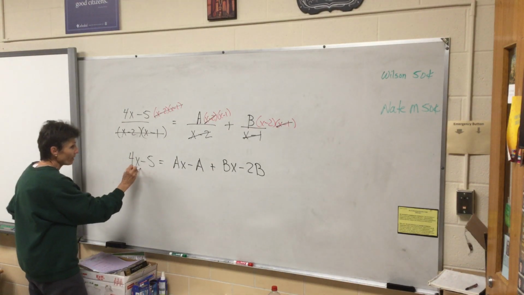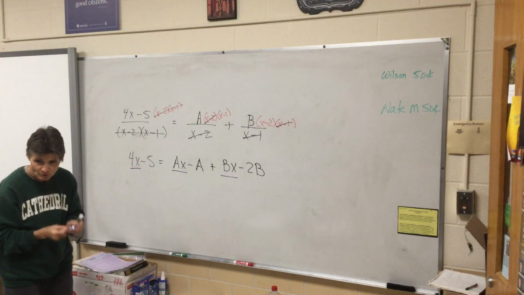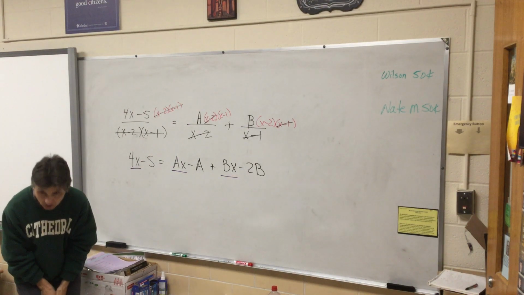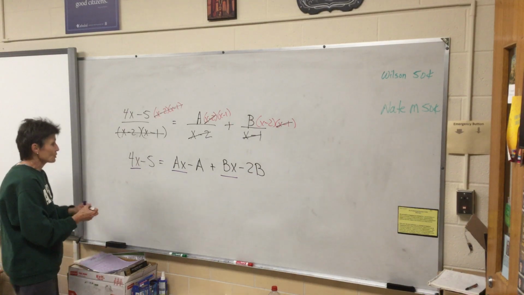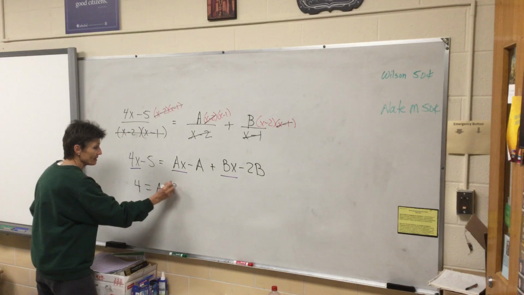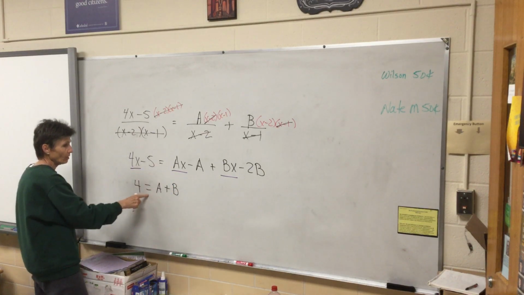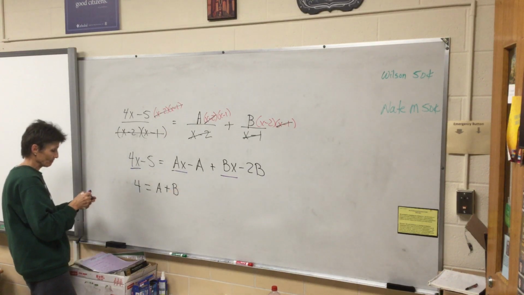Now, 4x, ax, and bx are like terms. Would everyone agree with that? They're like terms. So 4 must equal a plus b.